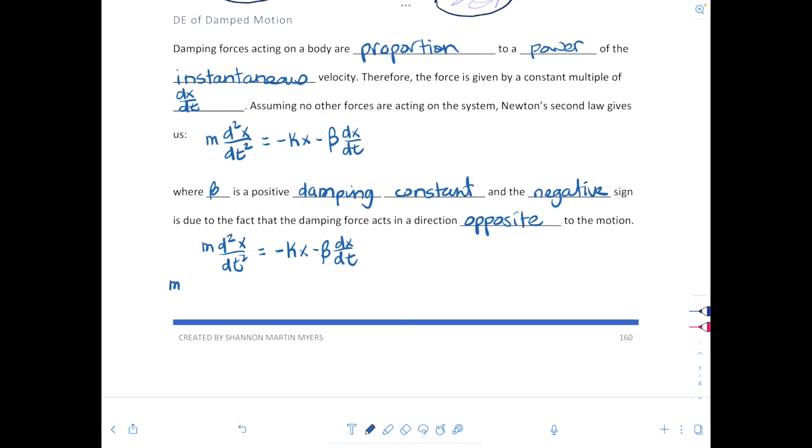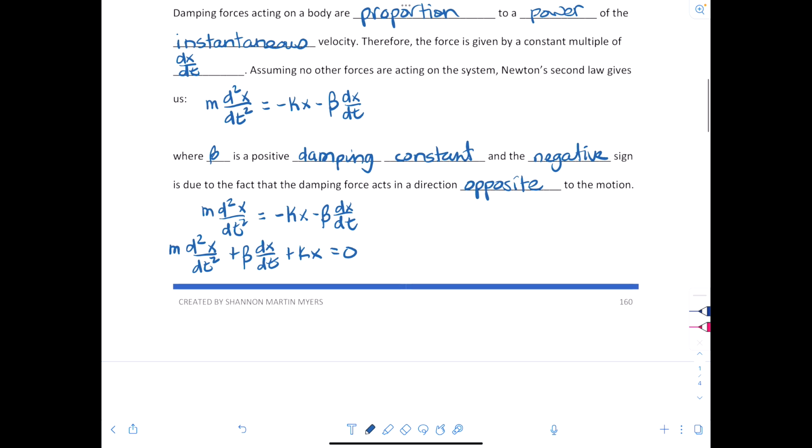So we'll have m times the second derivative of x with respect to t, plus beta times dx/dt, plus kx is equal to 0. So this is a linear, homogeneous differential equation.